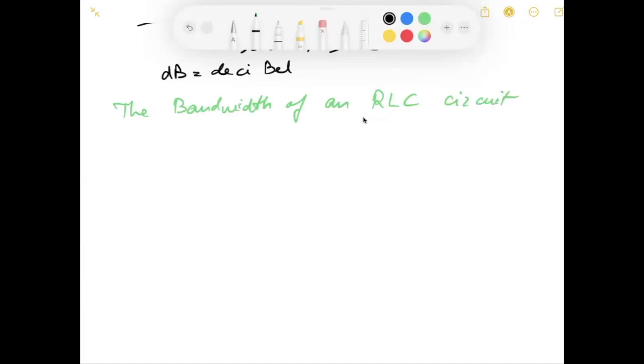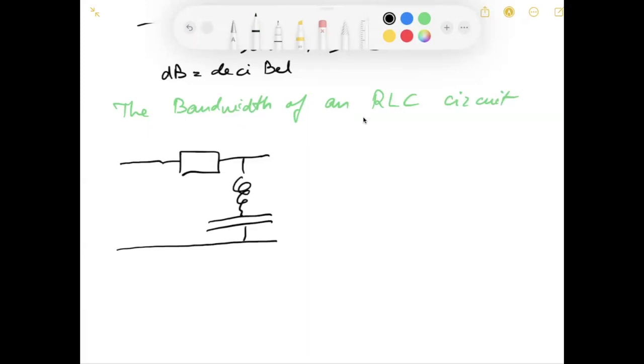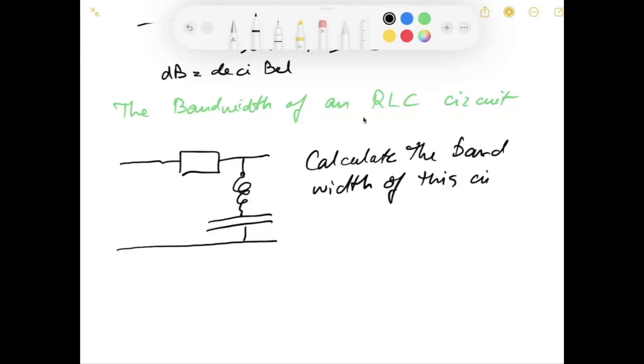Let's take as our RLC circuit a resistor here, the inductor here, and the capacitor there. Okay, so your prompt: calculate the bandwidth of this circuit.